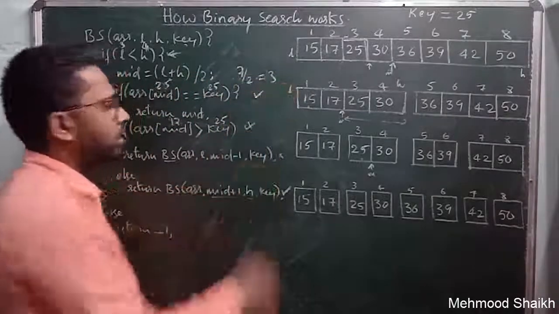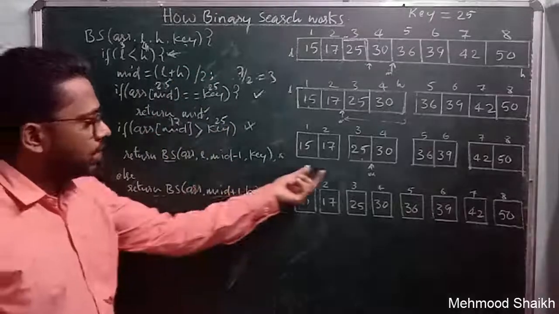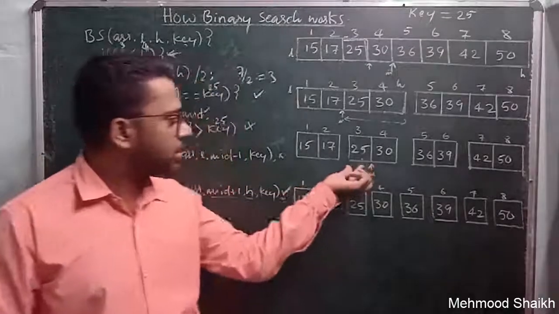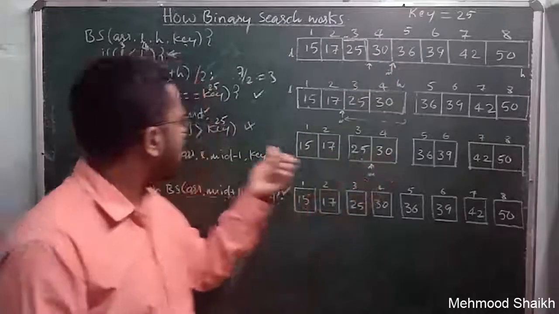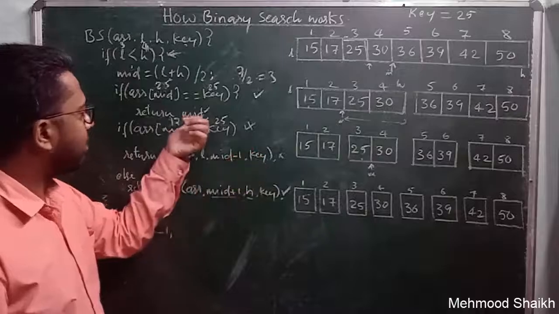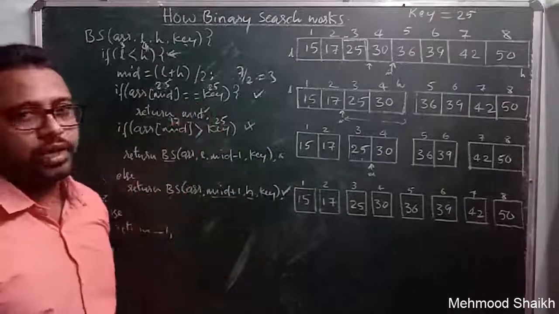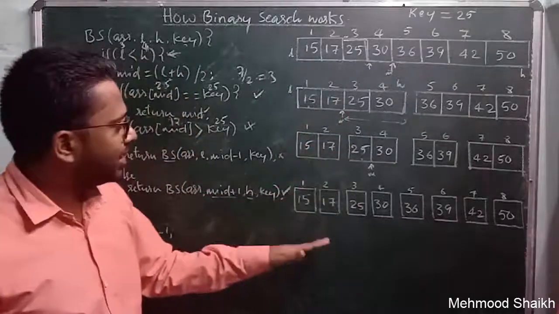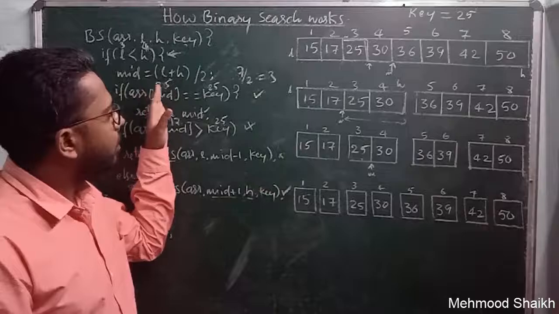This condition becomes true, and we return the mid location. So we have come to know that in the third index we have the key element present, and we found the position of that key element with this mid. Now you have seen how I applied the binary search algorithm on this problem.